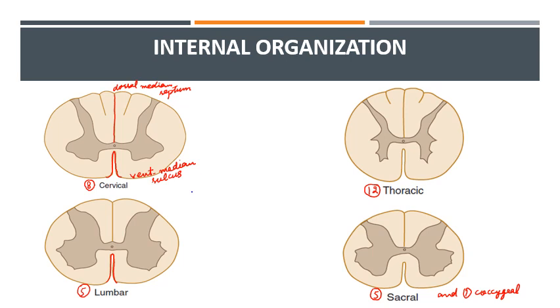The spinal cord consists of an outer layer of white matter in each segment of the spinal cord.